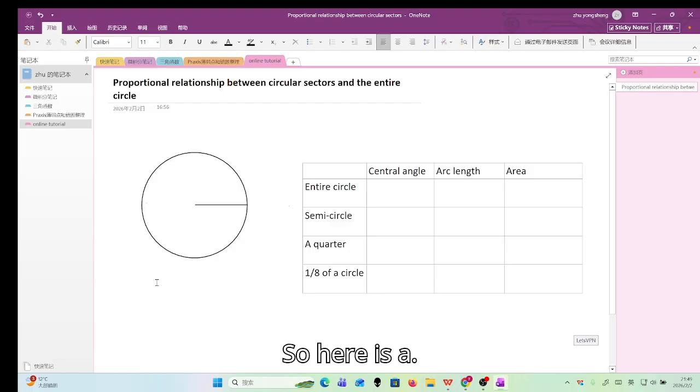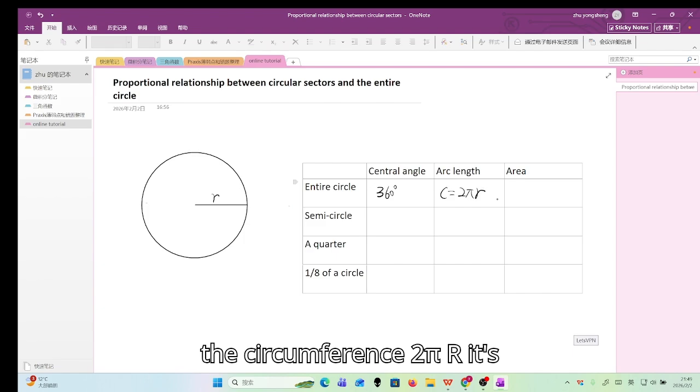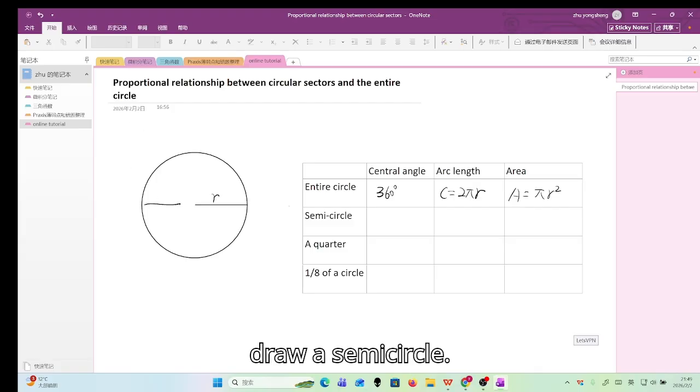So here is a circle with radius r. The central angle of the entire circle will be 360 degrees. Its arc length will be 2 pi r, just the circumference. Its area will be pi r squared. And for a semicircle, let's draw a semicircle here.